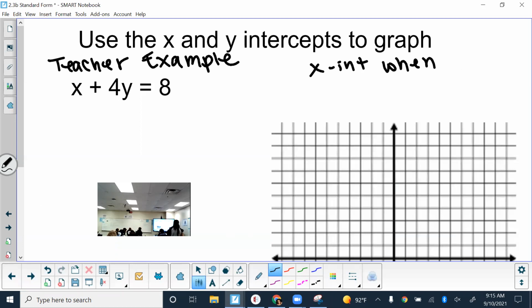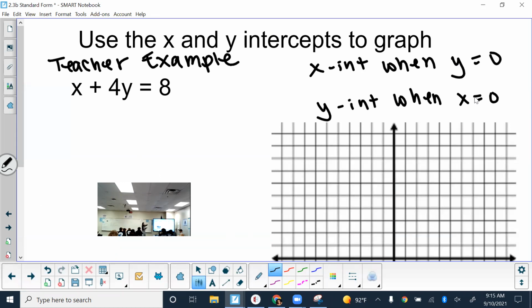And I also told you it's when y equals 0. What about the y-intercept? What was the other definition I told you? It's when x equals 0. And then just knowing that, I can actually figure out my x and y intercepts and then graph the line based off of that, instead of like converting it to slope-intercept.